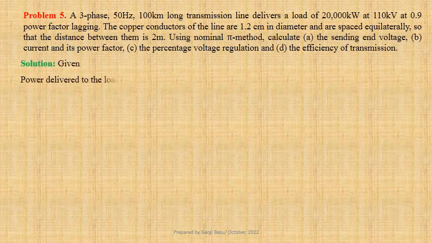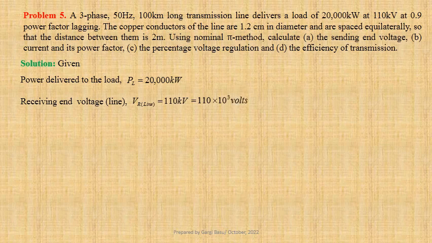Power delivered to the load PL equals 20,000 kilowatts. Line to line receiving end voltage VR line equals 110 kilovolts, that is 110 into 10 to the power 3 volts.